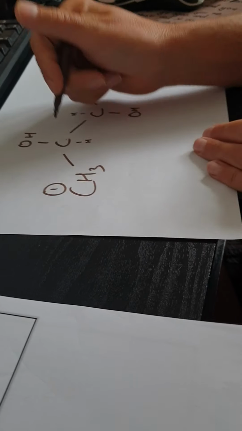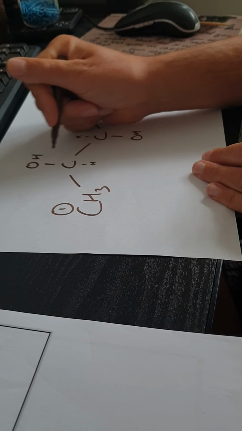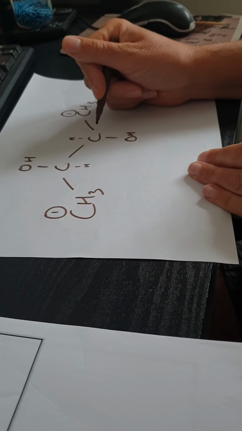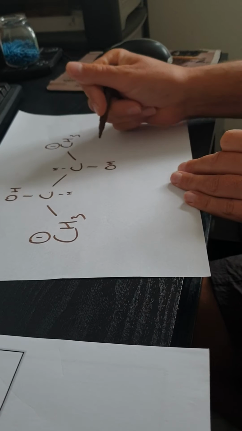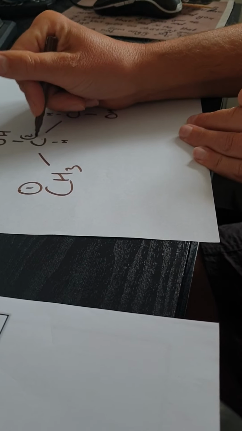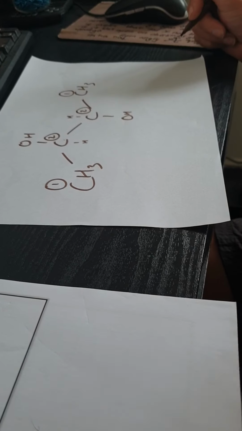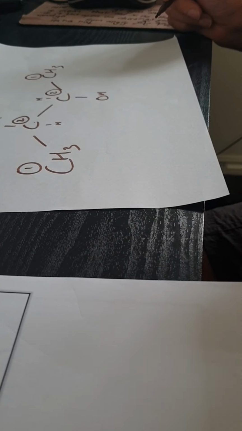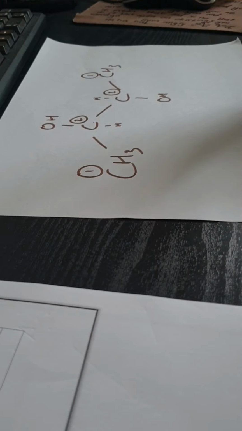Now the next one, we've got a carbon which is attached directly to an OH and a CH3, and this carbon is attached directly to an OH and a CH3, and obviously this side as well. So these two are exactly the same as well. Now, because this molecule is symmetrical, there are only actually 2 different carbon environments.